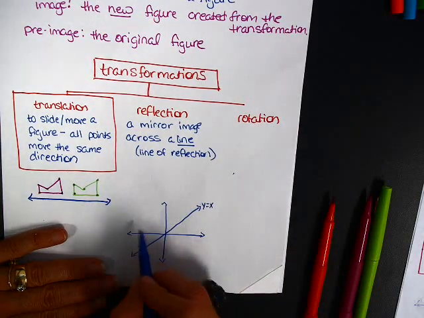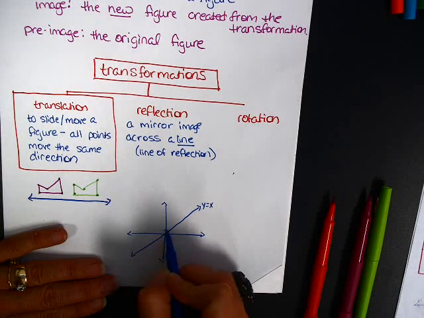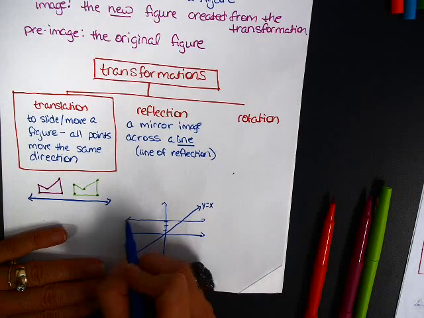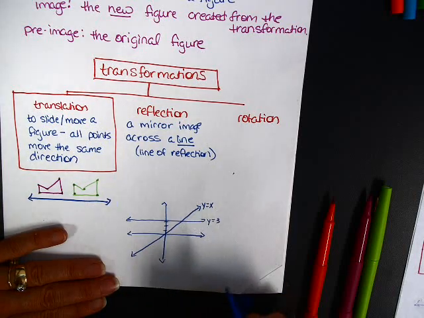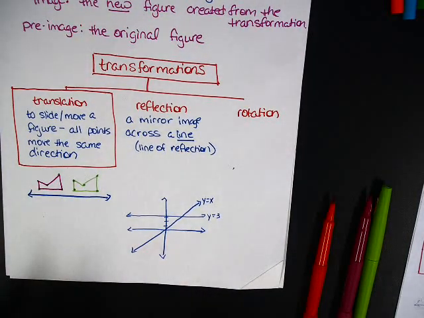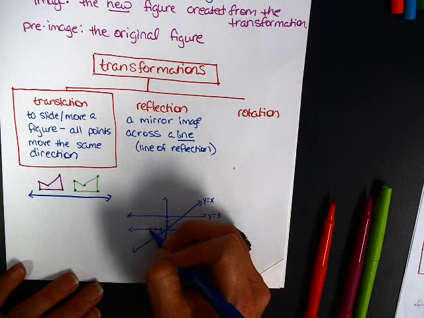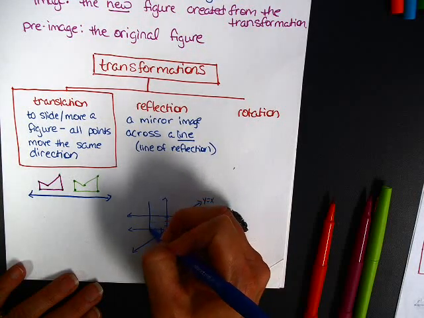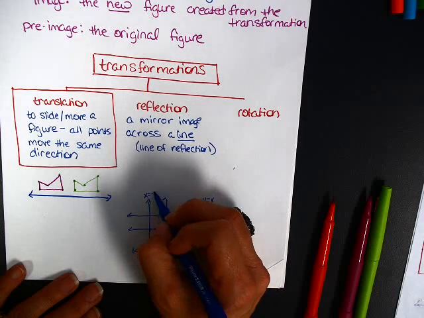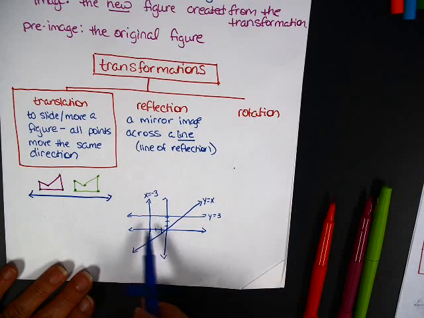You could have a horizontal line, y equals 3, and then you'd have this line right here where y equals 3. And this could be your line of reflection. There are so many different ways to do this that you have to be real careful and pay attention to which line they're wanting you to reflect across. This is the line x equals -3. We can reflect across it going left to right.